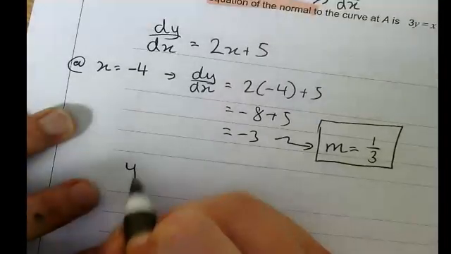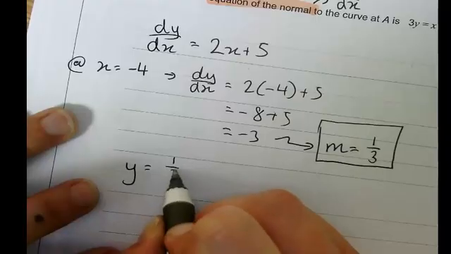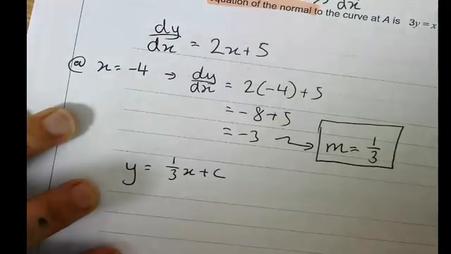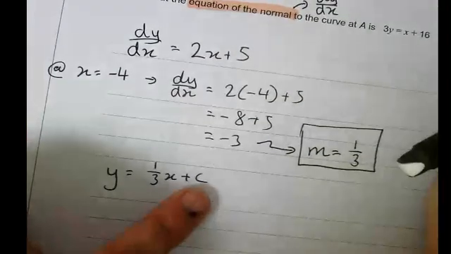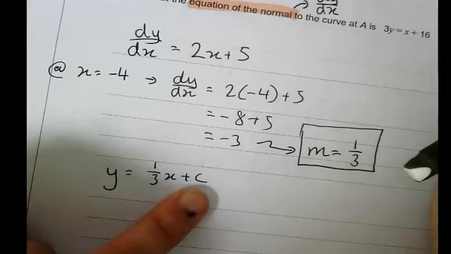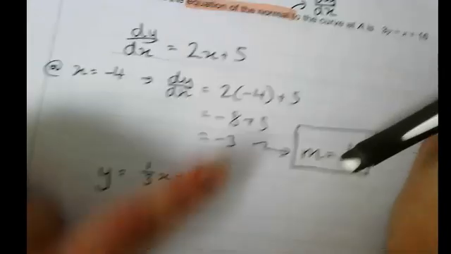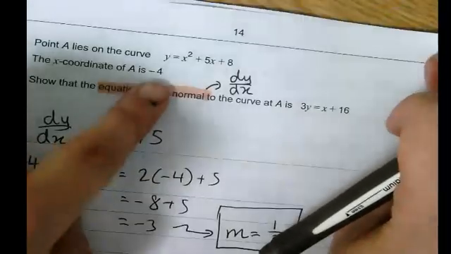So I know that my equation of my normal is y equals positive 1/3 x plus c. I now need to work out c, and I'm going to need an xy coordinate to do that. I've got the x coordinate, but I need the y coordinate.